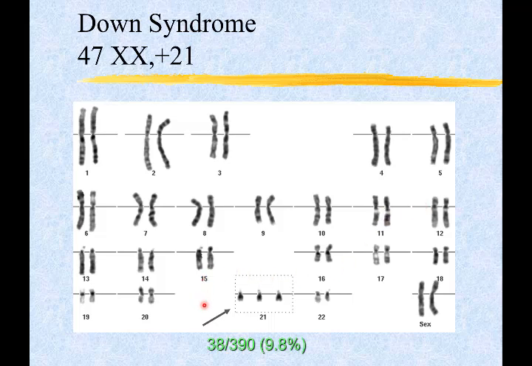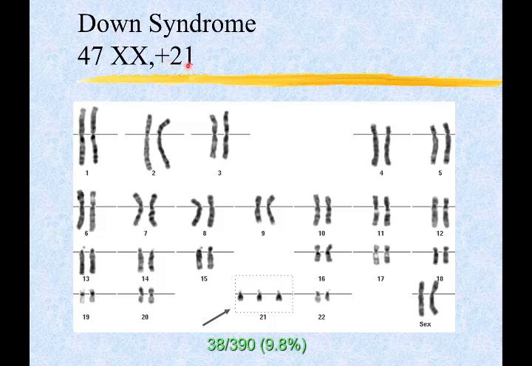96% of Down syndrome cases have a free extra chromosome 21. So the cytogenetic writing has to be 47,XX, which shows the sex of the fetus, and comma plus 21.